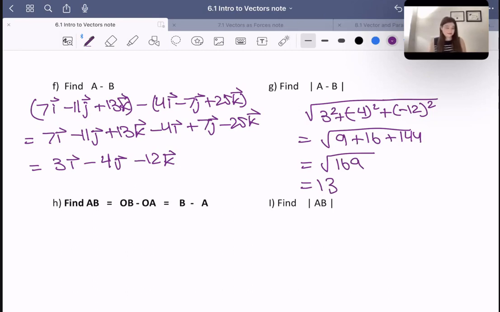All right, and then over here, we're going to have b subtract a, which actually means we're going to get the same thing backwards, as you can imagine. So we could even just write here that's going to be backwards. So it'll be negative 3i instead of positive 3i plus 4j plus 12k. Or, I mean, we could do it out, but given that we've already done this work, we might as well just repeat that, right?